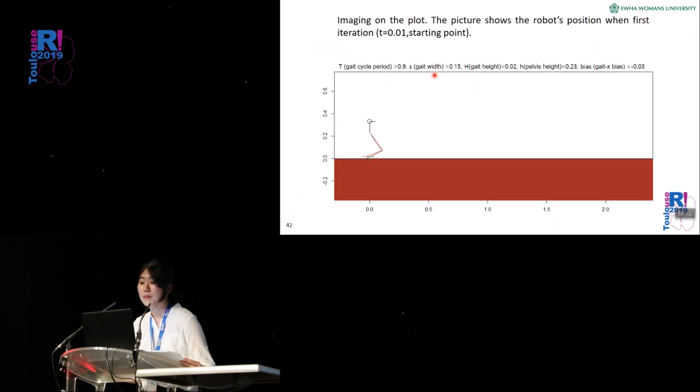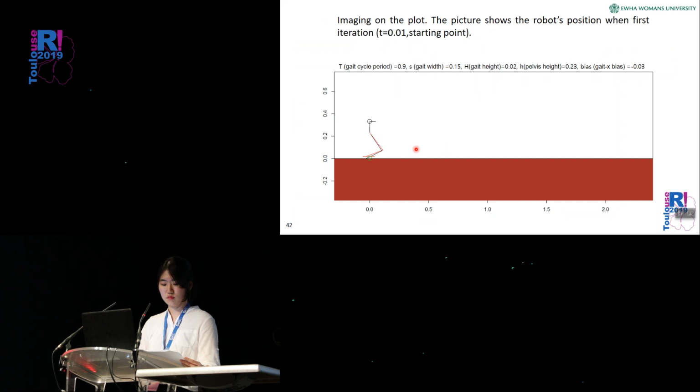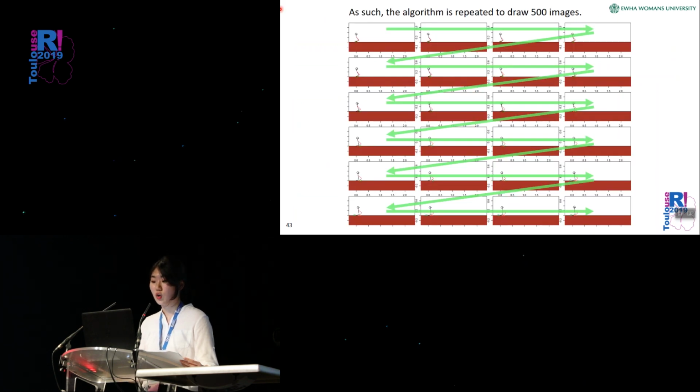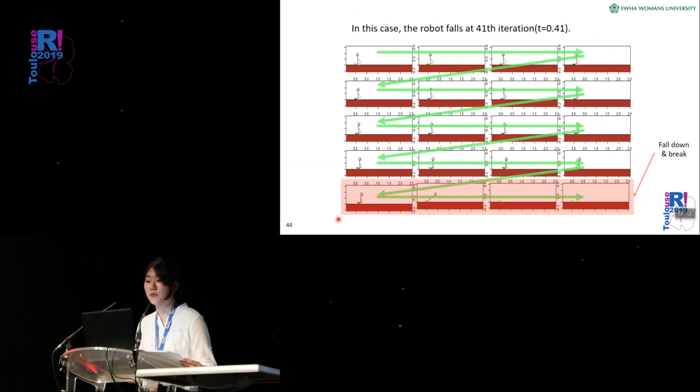Imagine on the plot, the picture shows the robot position at the first iteration. As such, the algorithm is repeated to draw 500 images. And in this case, the robot falls at the 41st iteration.